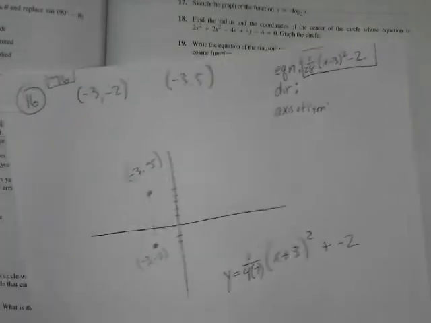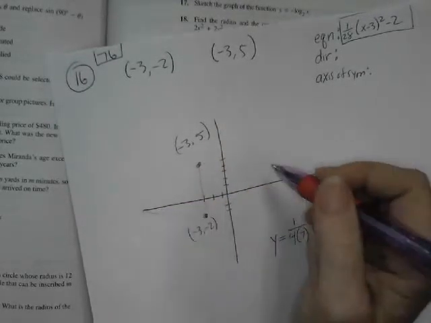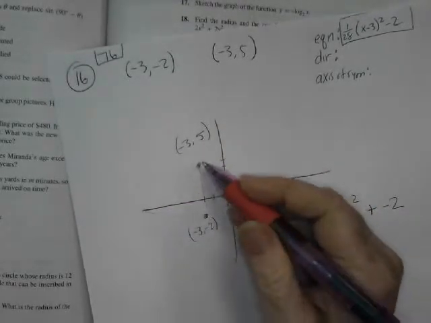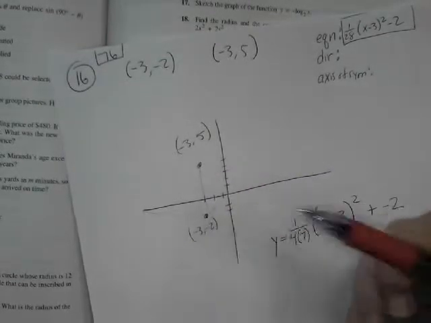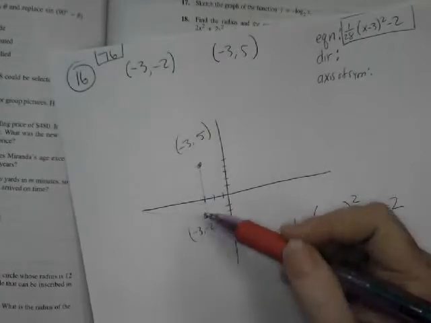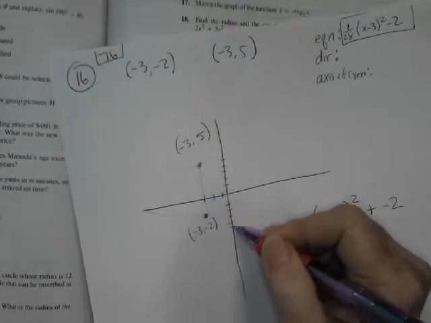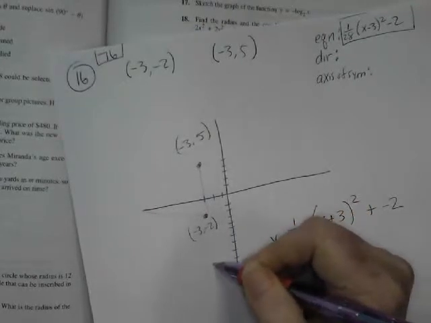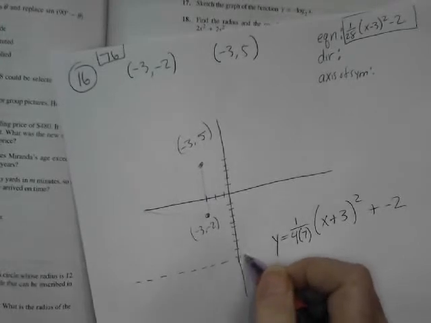The directrix is, we have a student who calls it the anti-focus. It's on the other side of the vertex from the focus. So if the distance from the vertex to the focus was 7, then I can just go count down 7. That's my directrix, and that would be, kind of looks like this.